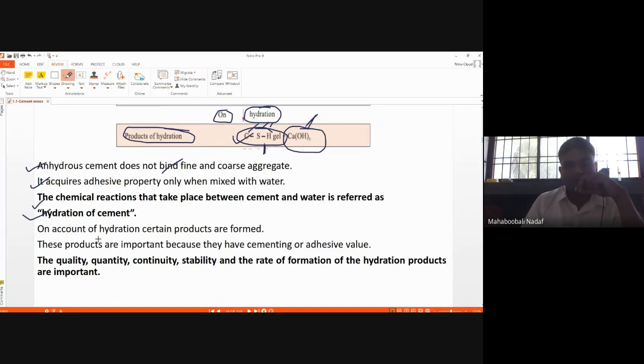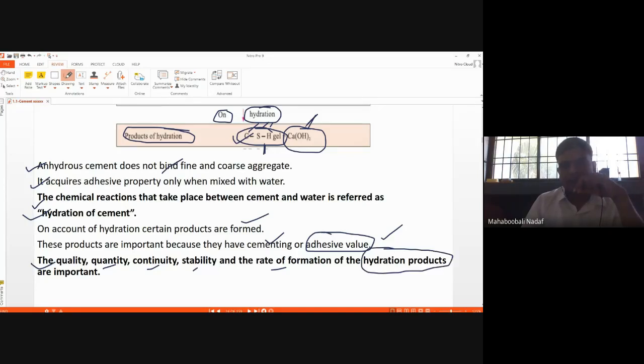On account of hydration, certain products are formed. These products have what type of property? Cementing, adhesive or binding properties. So the quality, quantity, continuity, stability and rate, all the properties of cement depend upon these hydration products.